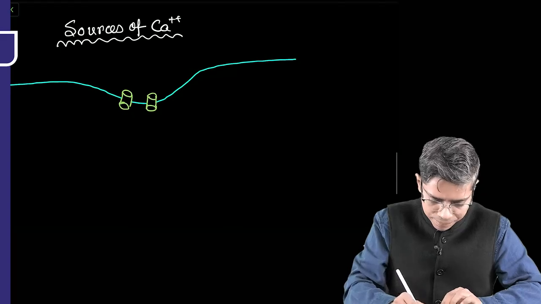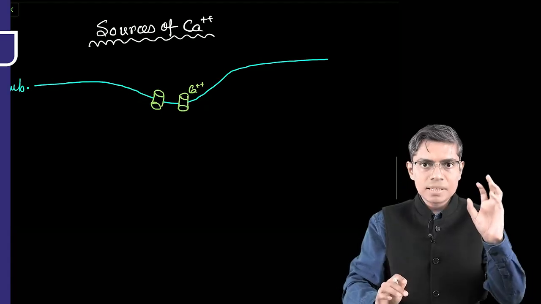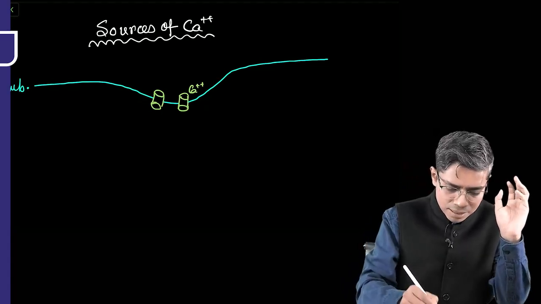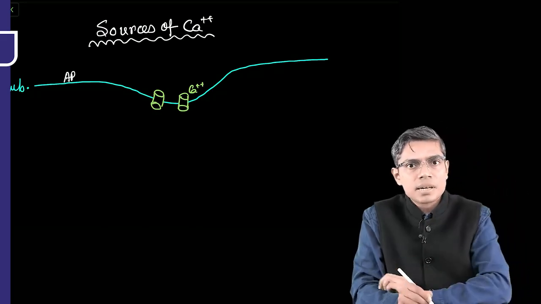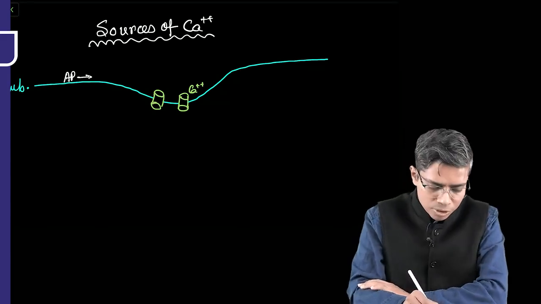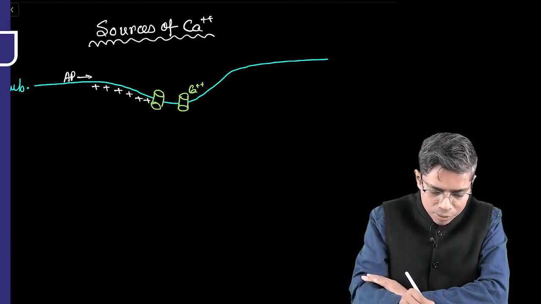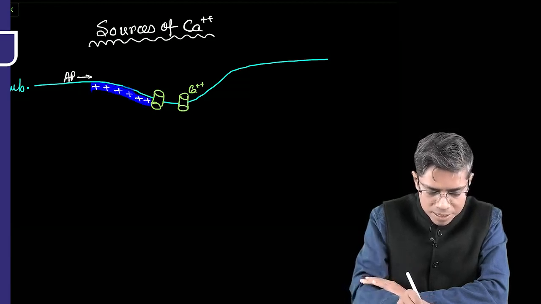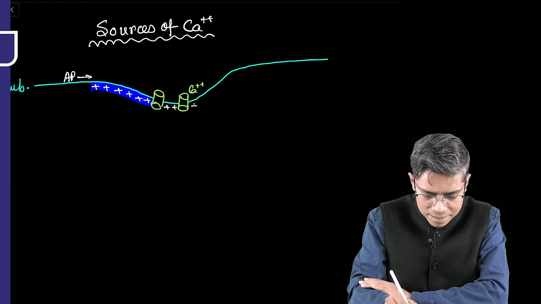Whenever there is an action potential on the surface of the smooth muscle, the same phenomenon as in cardiac and skeletal muscle, the action potential will travel down. This causes depolarization of the smooth muscle membrane, and this depolarization activates the voltage gated calcium channel.